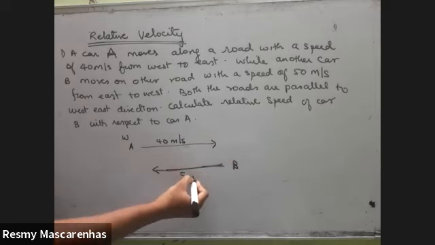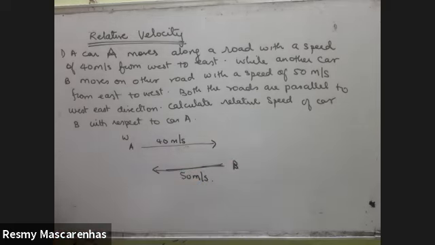Both roads are parallel to the east-west direction. Calculate the relative speed of car B with respect to A. B with respect to A we have to calculate. The simple problems, just 2 steps.